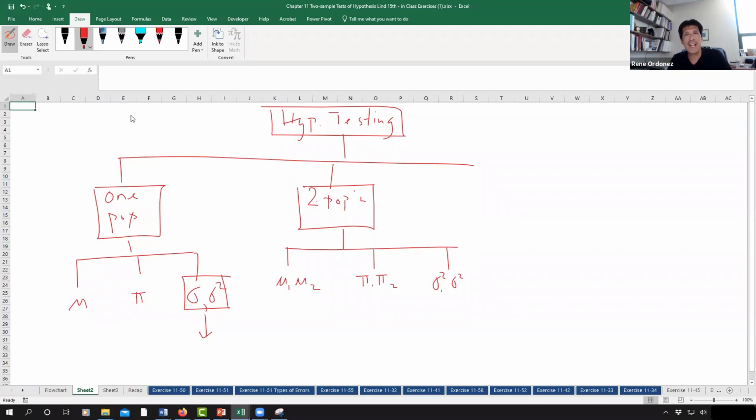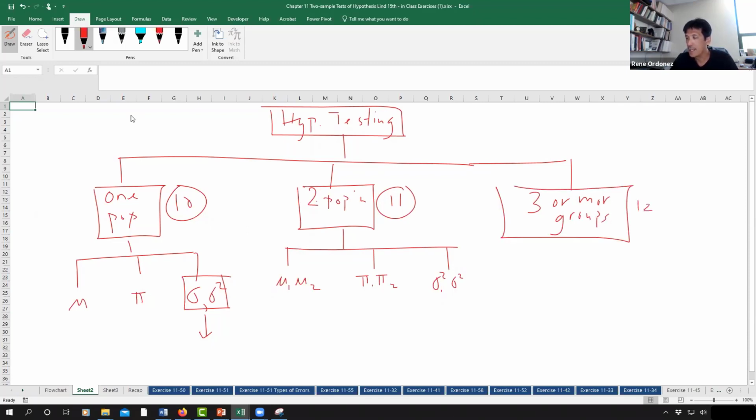You want to see if the average GPA of freshman, sophomore, junior, senior, and graduate students, so that's 5 groups, are equal or not all equal. That will be in chapter 12, for 3 or more groups.